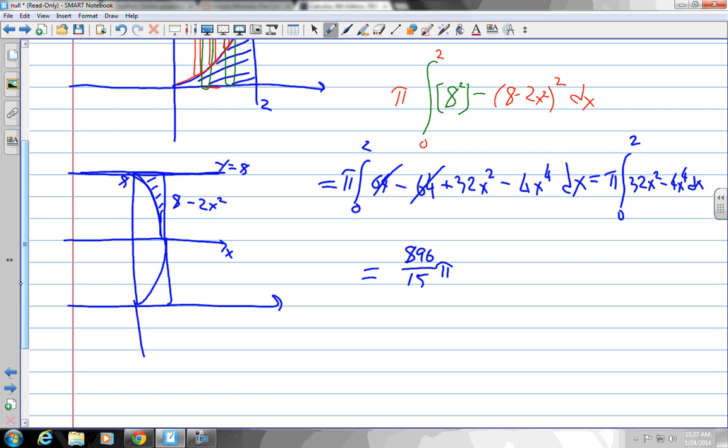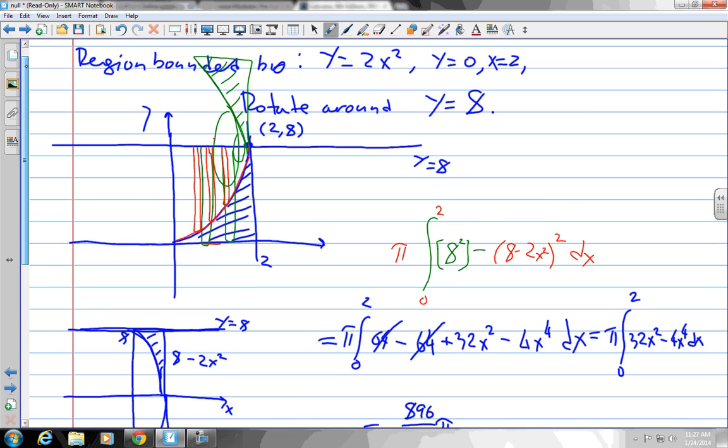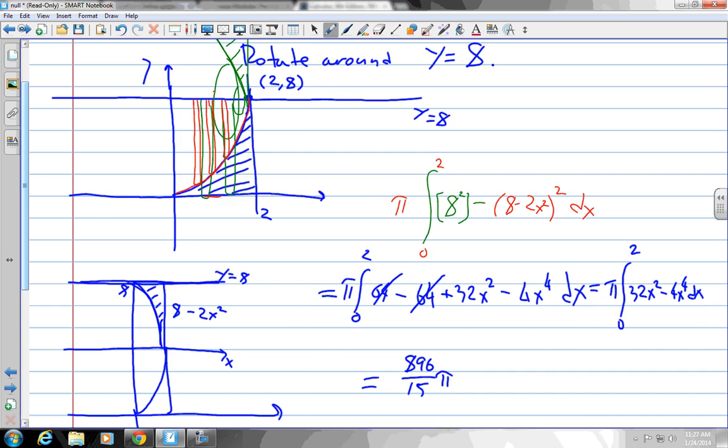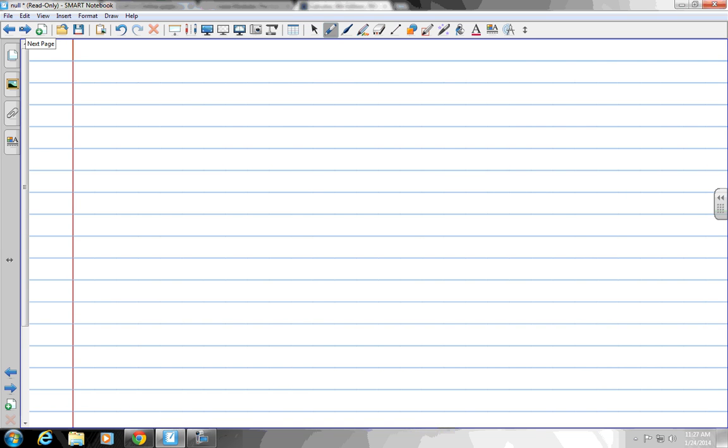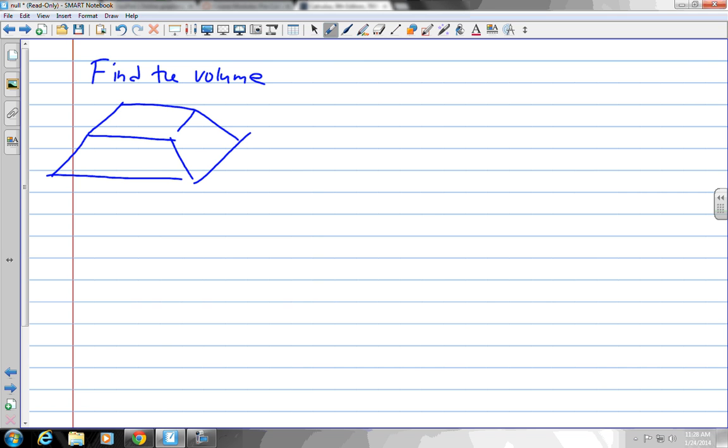I want to do a fun problem now. I want us to find the volume of this shape. Of this shape. So it's kind of a topless pyramid.